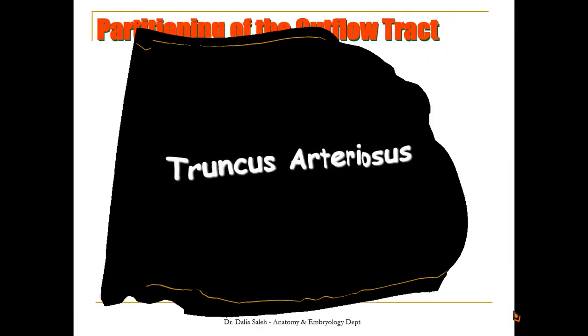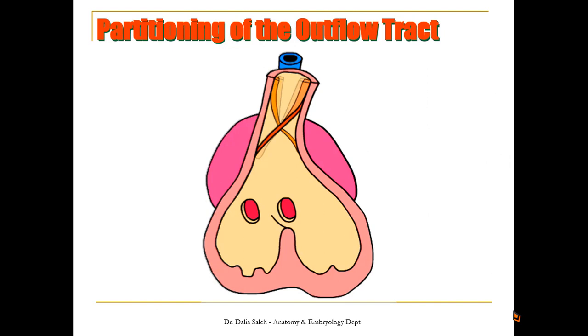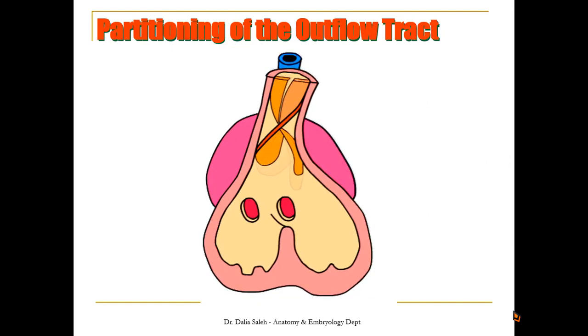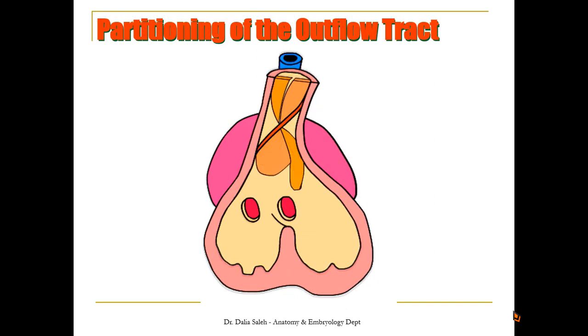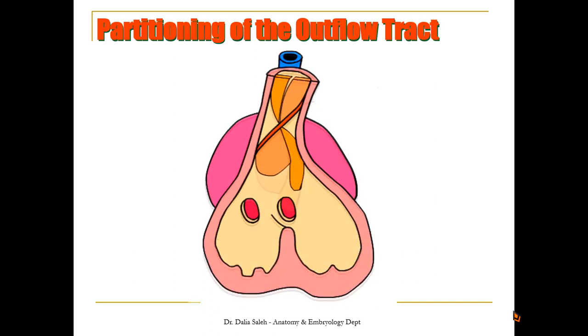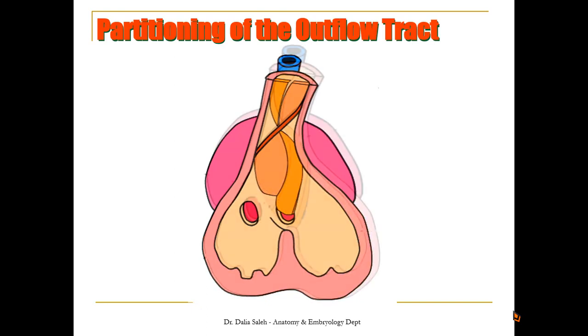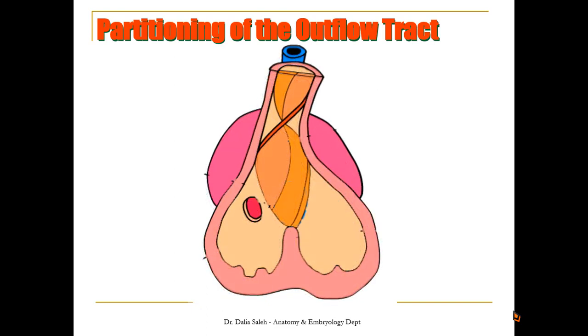Finally, we'll talk about the Truncus Arteriosus, division and anomalies. You can see here that the Truncus Arteriosus is divided by two ridges that arise in its wall. They crisscross and move around each other in a spiral way and move downward to fuse with both the septum intermedium and the muscular part of the interventricular septum.